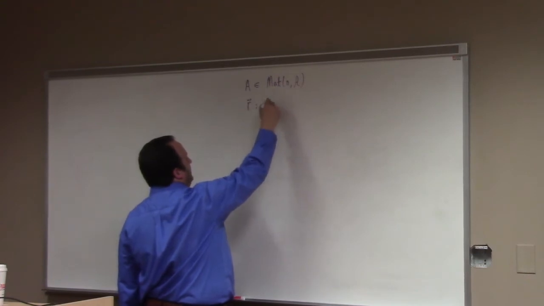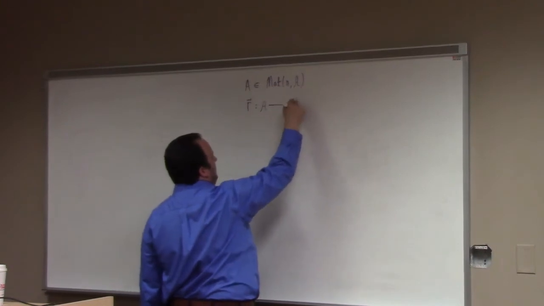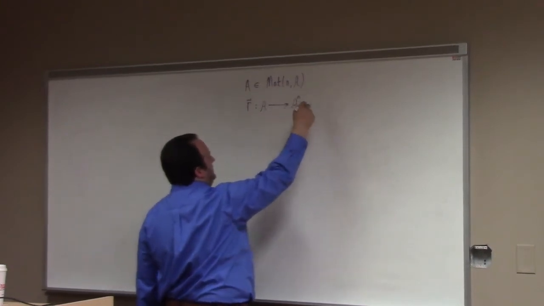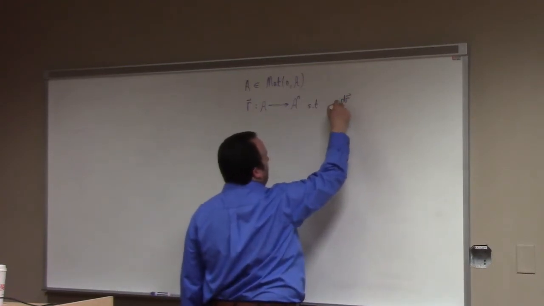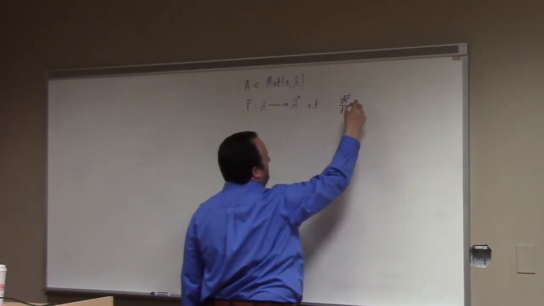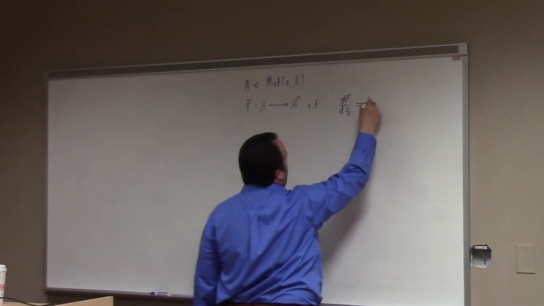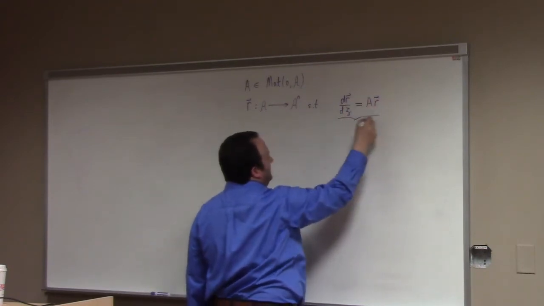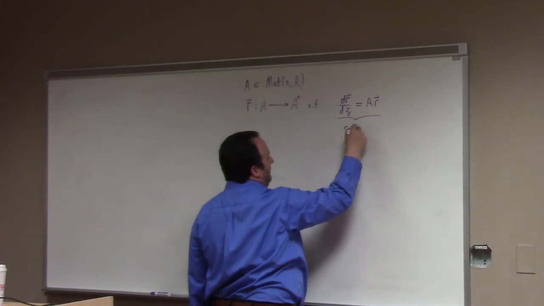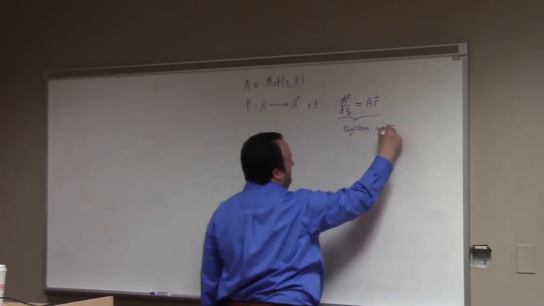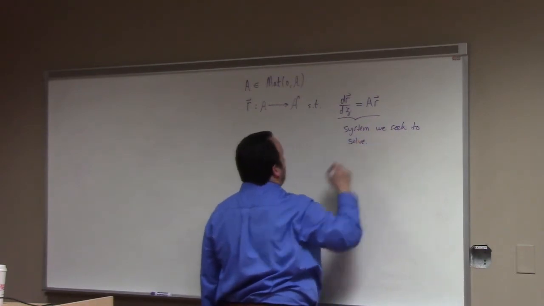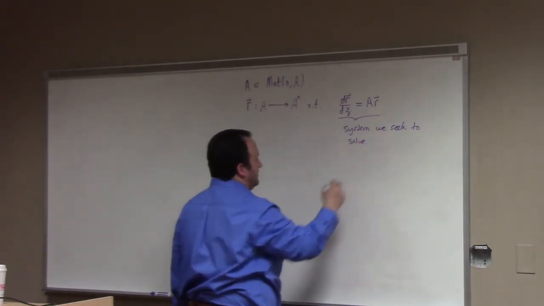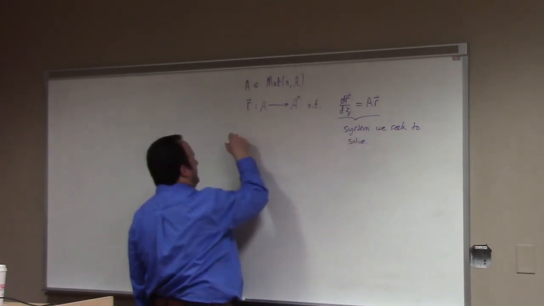So this is a function from A to n-tuples, such that dr, the algebra variable, is equal to A times R. Like that's the system we seek to solve, right? And here, of course, this algebra could be all kinds of different things, right?